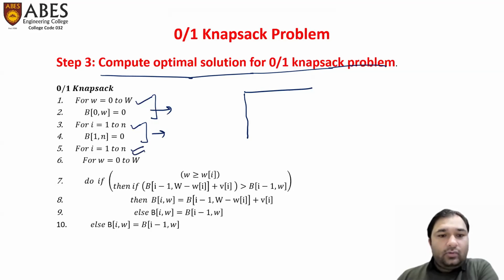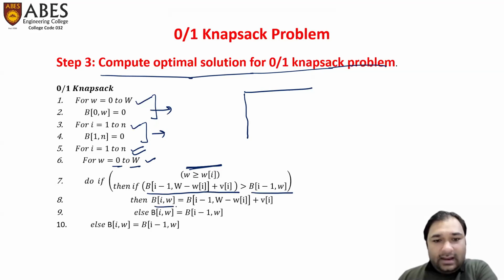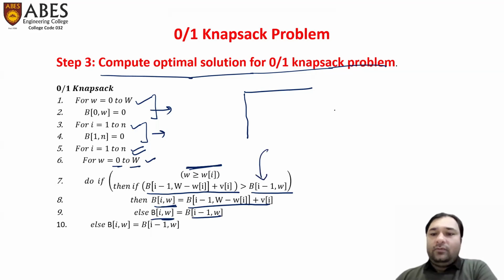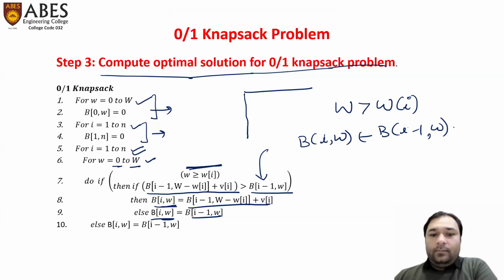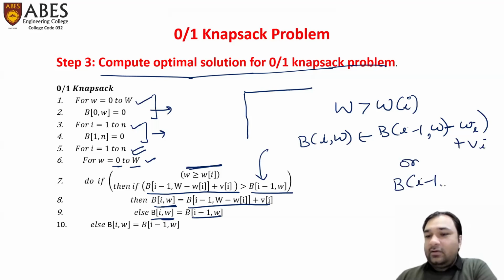For i equals 1 to n, the number of items, and capacity from 0 to W, if the capacity is greater than or equal to Wi, then we check whether this part is greater than that, and B[i, W] is updated with this; else B[i, W] is updated with the other. So B[i, W] can be B[i-1, W - Wi] + Vi, or B[i-1, W].